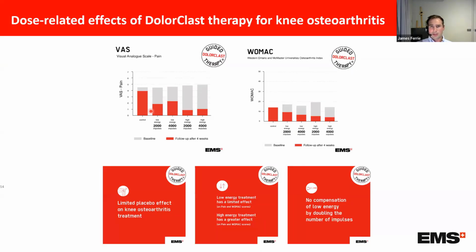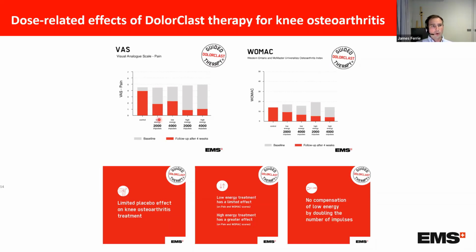So in this particular study, they took 89 patients with knee OA, and they were basically divided into 4 different groups. They wanted to explore whether it was the total number of shocks that was important, or whether the energy density was the important factor.